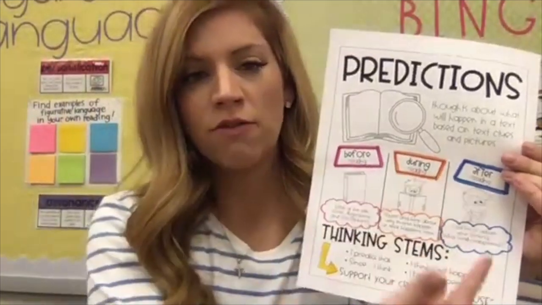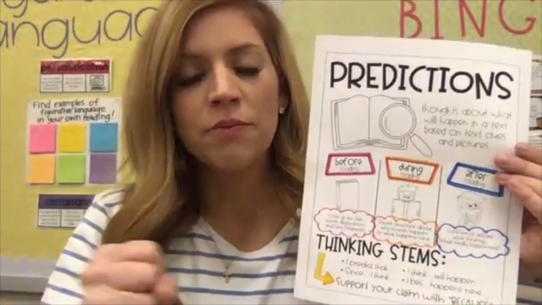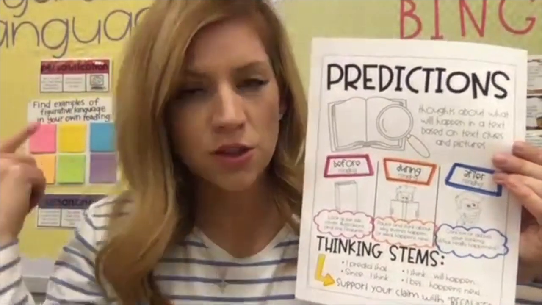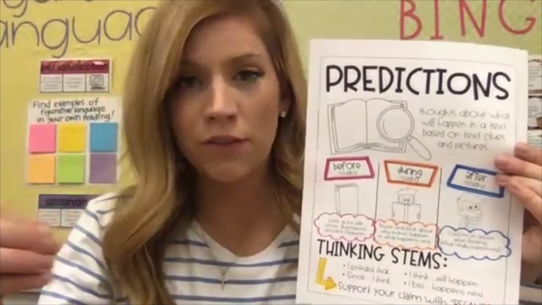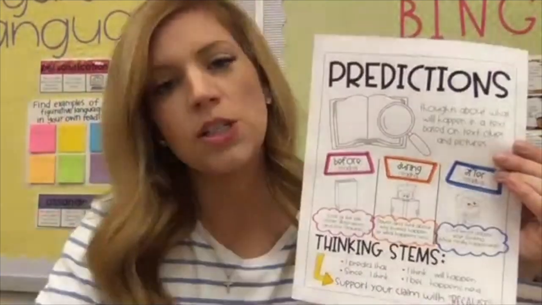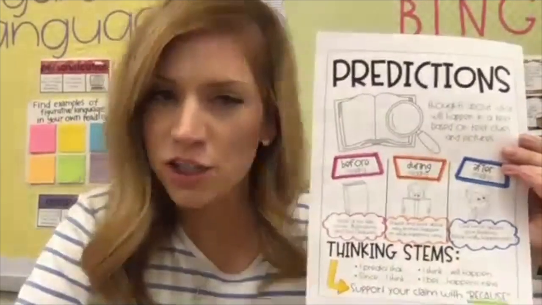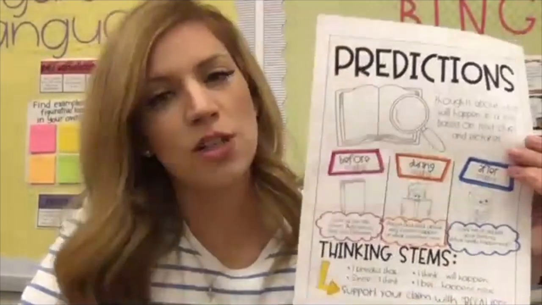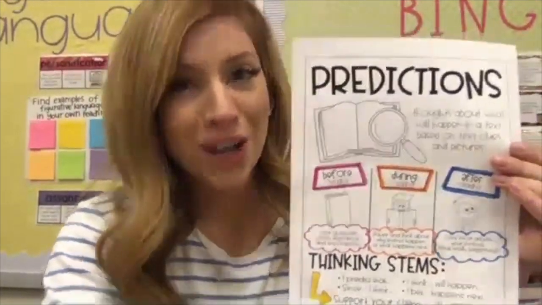And then we confirm or adjust our predictions at the end. Inferences are very similar, except you're taking the text clues and your schema and putting it all together and making an inference. You're reading between the lines with inferences. So very, very similar, which again, there's a little magnifying glass there, because you've got to really read your text clues to make good predictions. Not silly predictions, make good predictions.